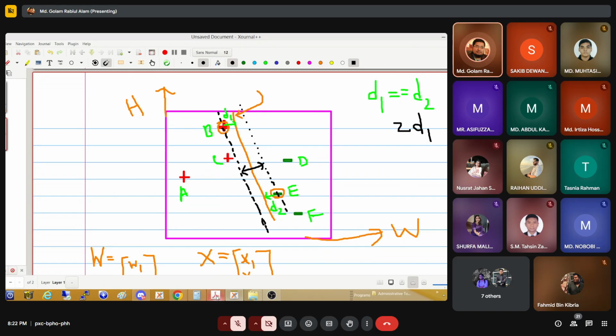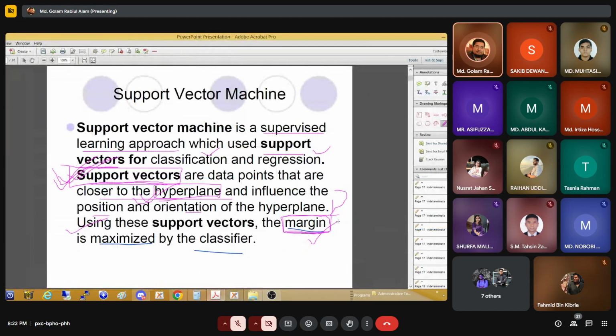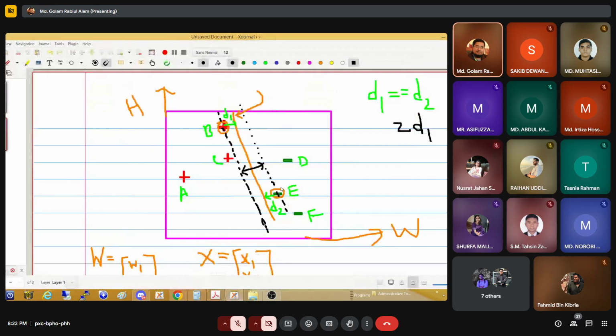In our definition, it is mentioned that the margin is maximized. Why do we need to maximize the margin? At first, what is the maximized margin? Let's say this is a separator.